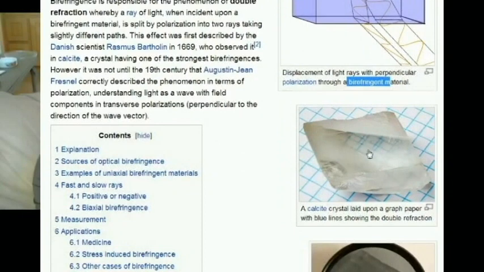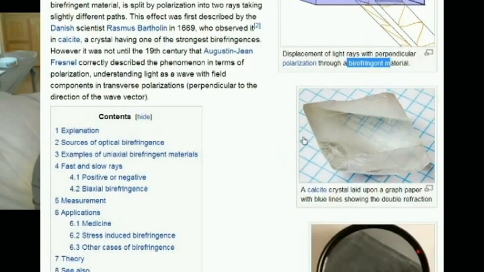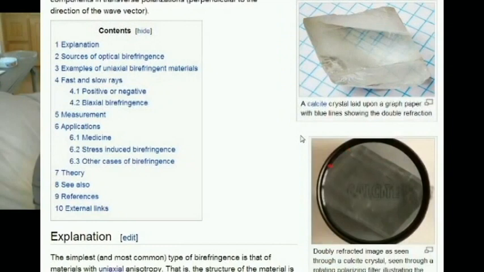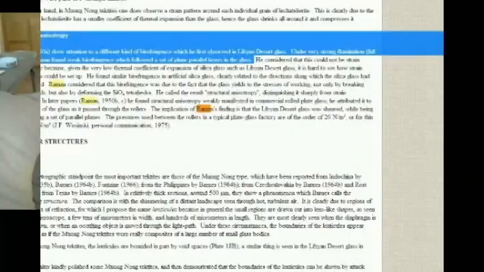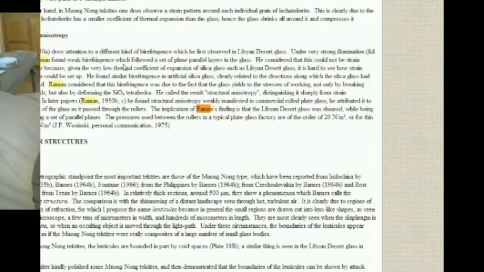Here's an example of calcite crystal laid upon a graph paper with blue lines showing the double refraction. So it's a double refraction. It just so happens that the Libyan desert glass that was found in Egypt, which is remnants of a shattering of the glass sky long ago, has weak birefringence.